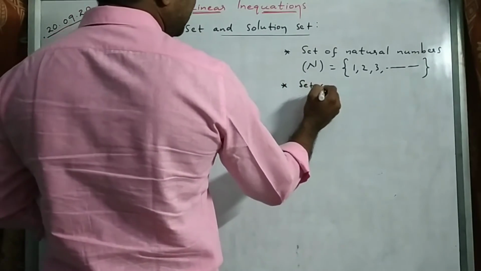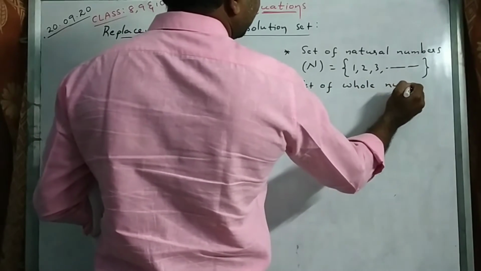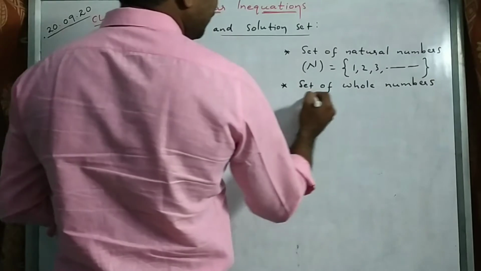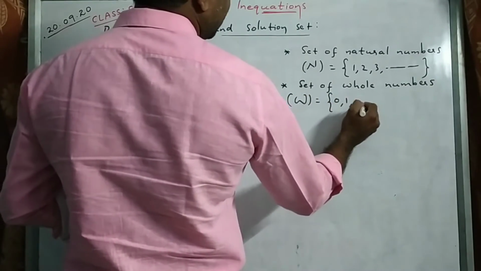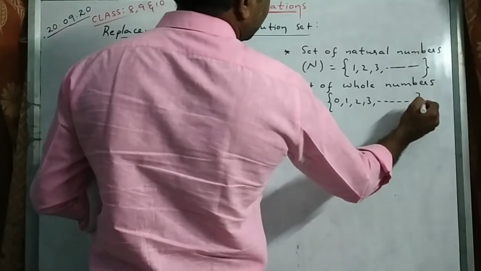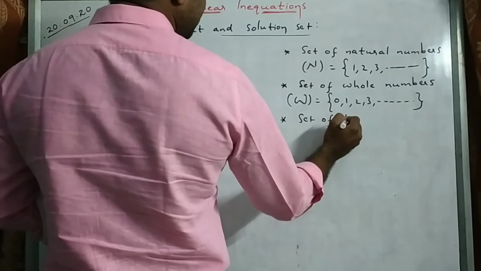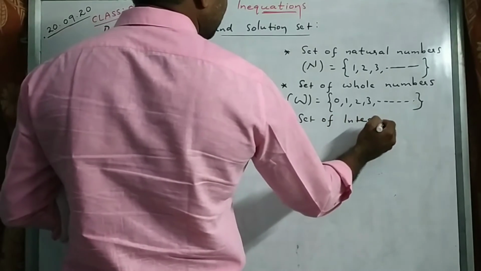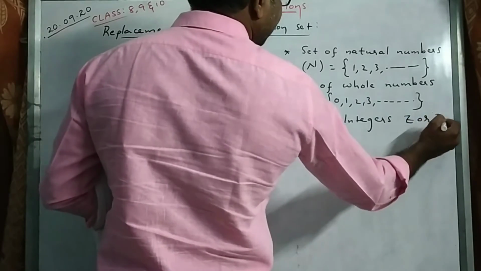Similarly, set of whole numbers W, including 0: 0, 1, 2, 3, so on. Next, set of integers, Z or I also we can write.